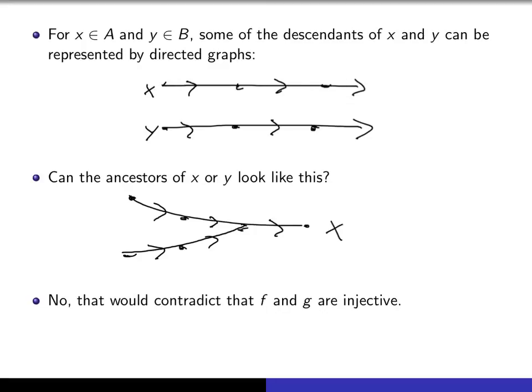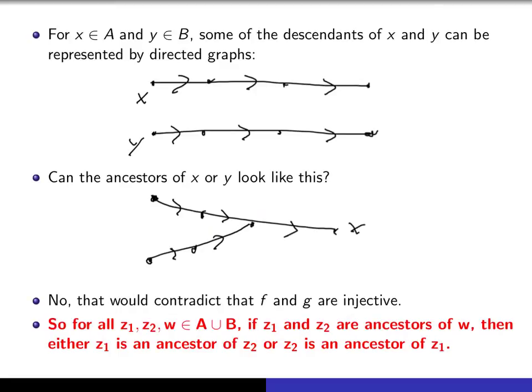Well, the answer is no. They can't look like that, because if we had a vertex that looked like this, then it would be the image of two different things, and that would contradict the injectivity of f and g. So they can't look like that, and that means that the only way they can look is something like this. If this is x, then they would all have to come from the same straight line. There's no branching possible for ancestors.